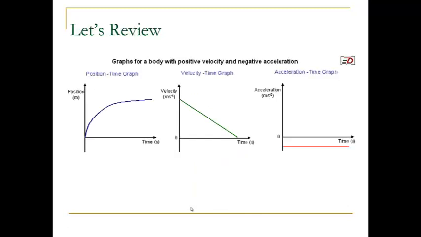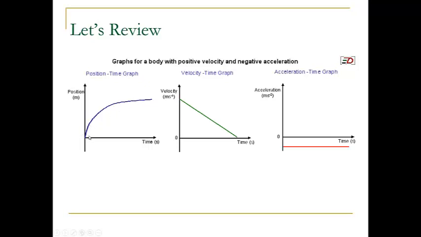Okay, so here are 3 different graphs that you can look at. These 3 graphs, I would draw them. They are actually all the same situation that's happening. So here you have your displacement versus time graph. You'll see it as displacement versus time, distance versus time, position versus time. They're all talking about that same thing measured in meters. If you look at your position, you're moving in the positive direction because you're moving away from the origin.